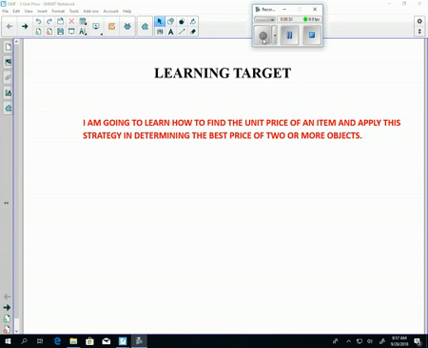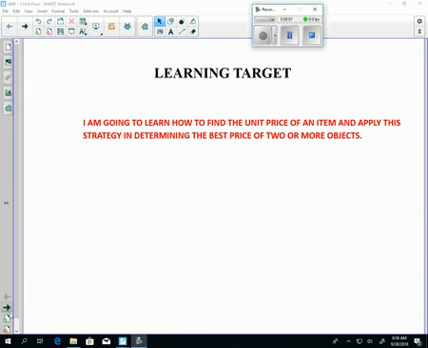The general rule of thumb is the bigger the package, the cheaper the price. But you may not want to buy a giant box of Cheerios. You may want to buy just a regular size. But the bigger the boxes, usually the cheaper the price. But if the package is not the same size, which is the better price? So we have to use a thing called unit pricing.